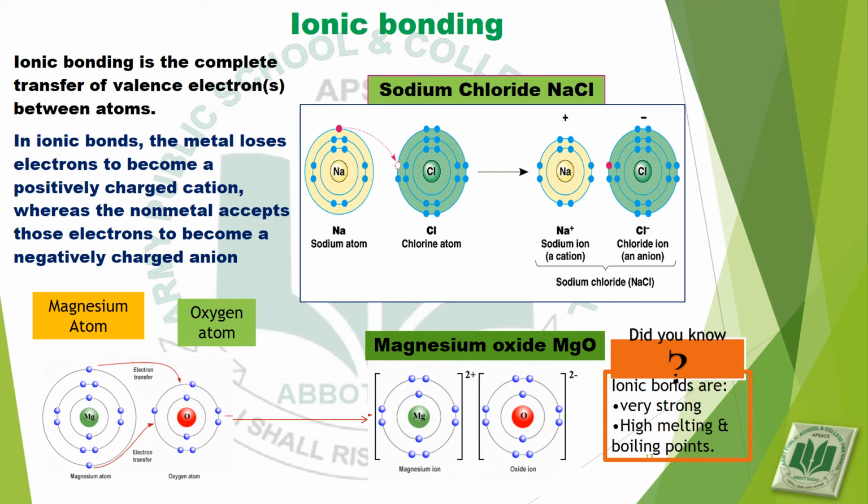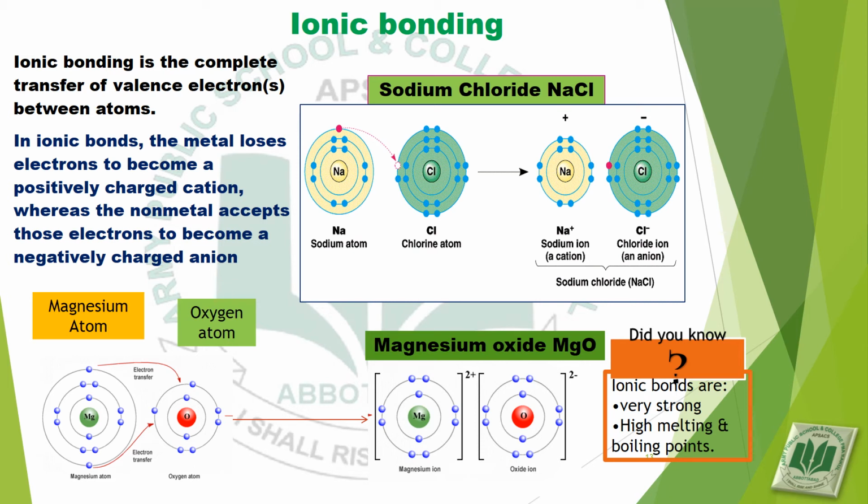The sodium atom becomes a positive ion, a cation, and the chlorine atom becomes a negative ion, an anion. When sodium and chlorine atoms combine with each other, they produce sodium chloride.